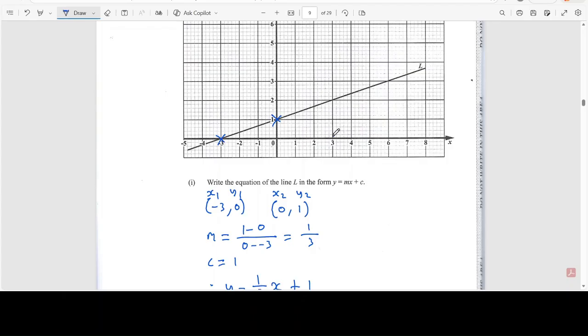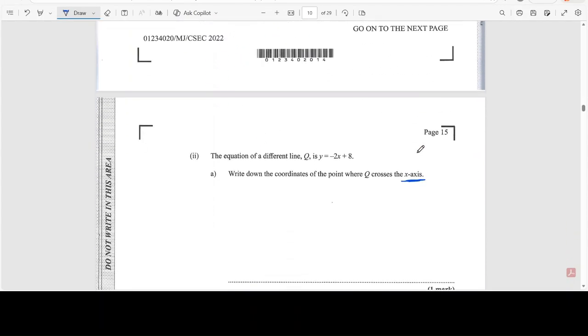If I pick this point here, what is the value of y in that point? 0. If I pick this point here, what is the value of y? 0. So anytime a line crosses the x-axis, y is going to be 0. So we substitute y = 0 in this equation and solve for x.